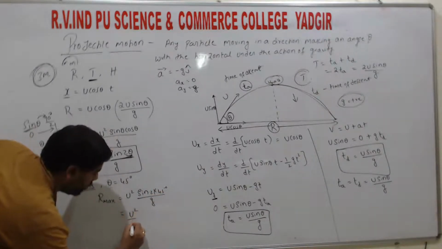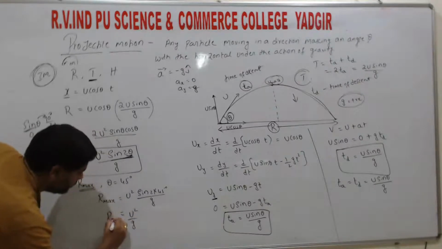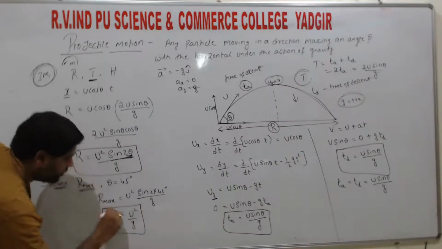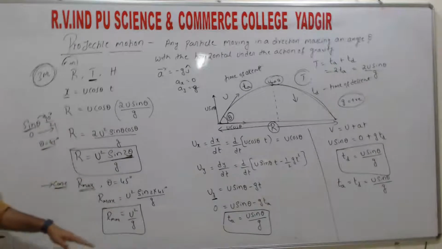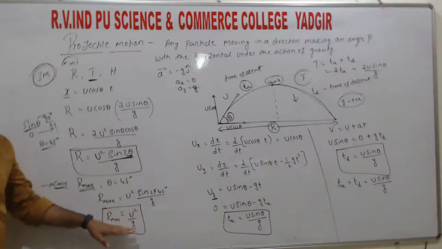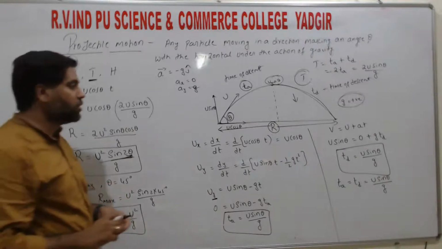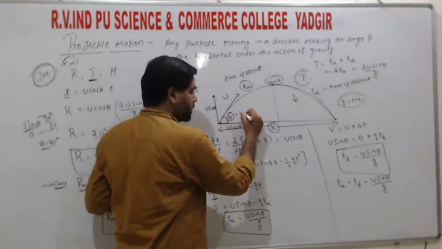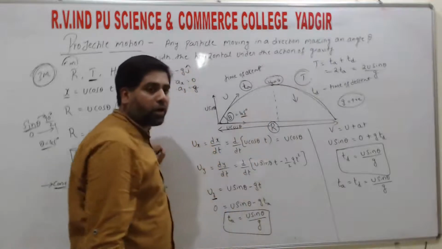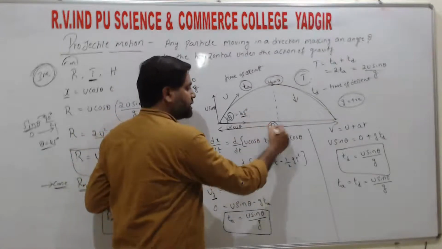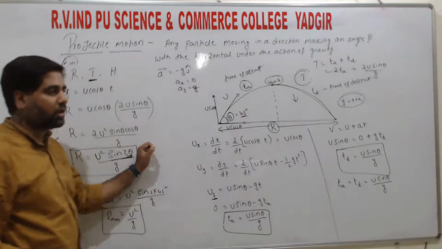So that is u square by g, right? So this one is the special case. When we get the maximum range means we get maximum range when angle of projection is 45 degree. So if we projected an object with an angle 45 degree, then we get the maximum range, right?